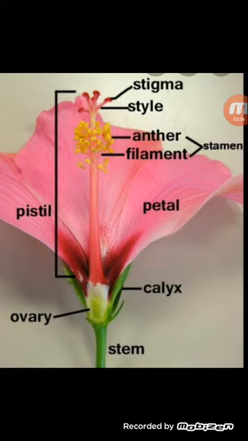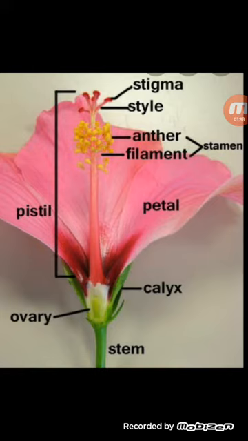Style, stigma and ovary form a pistil. Anther and filament form a stamen. Petals are corolla. Calyx are sepals, ovary and stem.